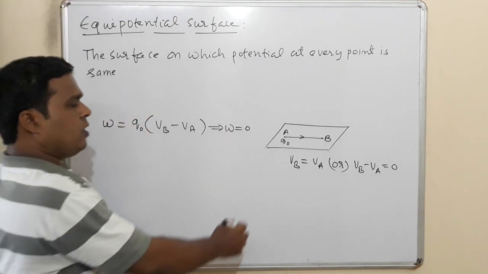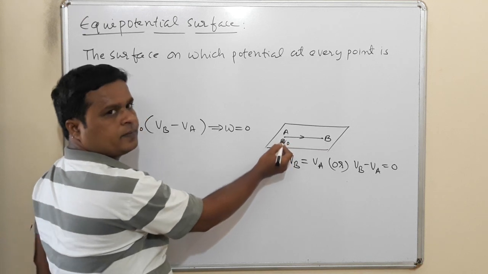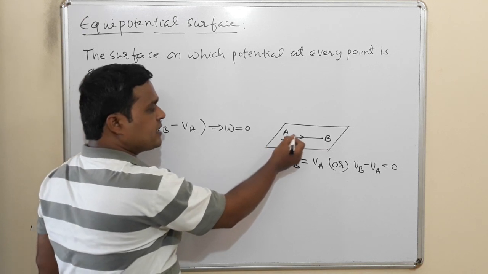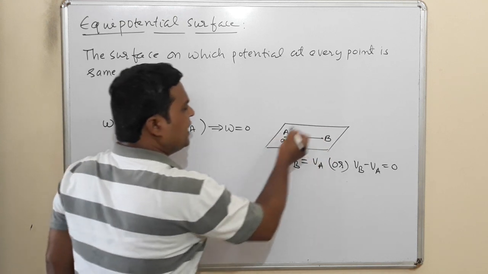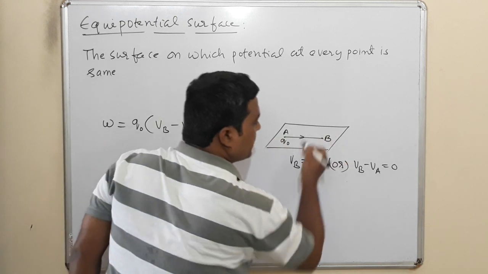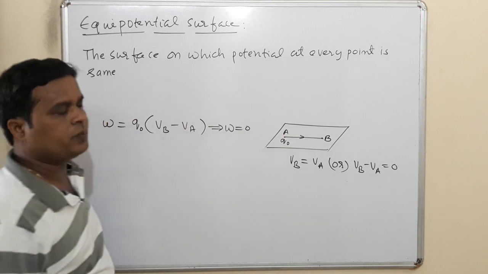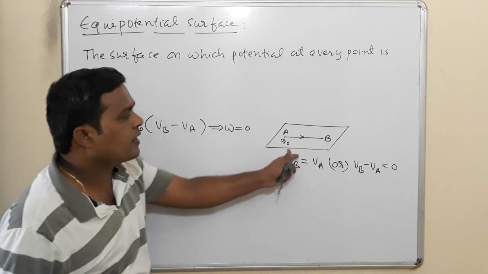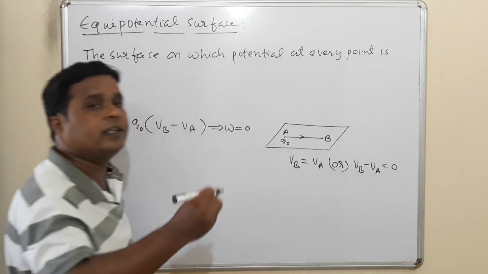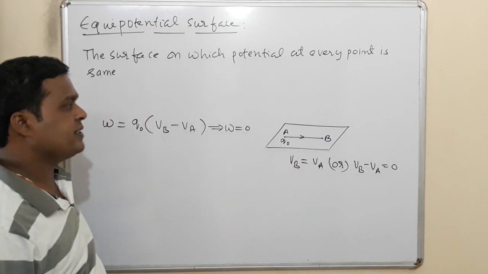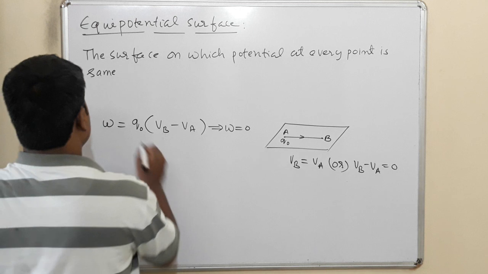That means on an equipotential surface, if you move any charge from one point to another, taking any 2 points, the potential difference between those 2 points will be 0. Then what is the work done in moving a charge from one point to another on the equipotential surface? That should be 0 because there is no potential difference.